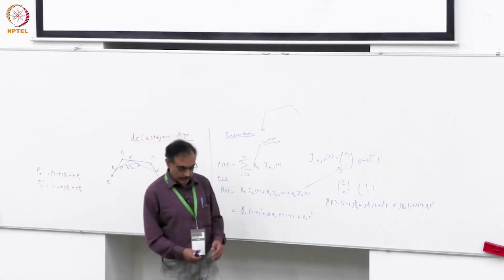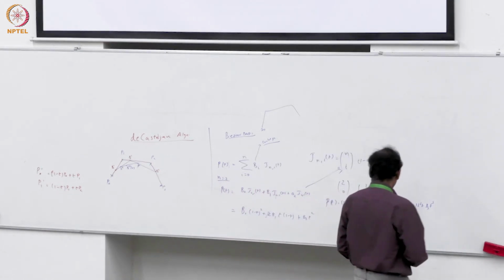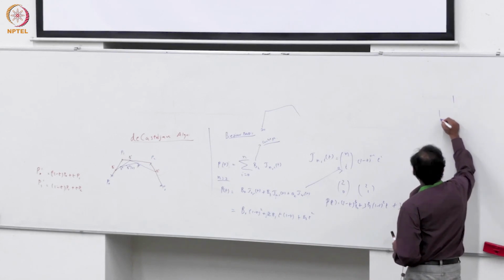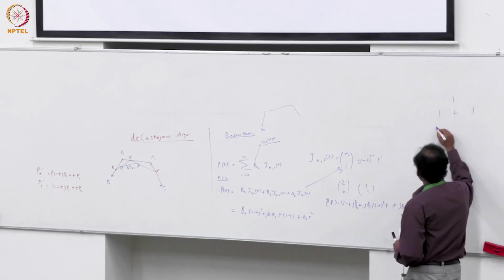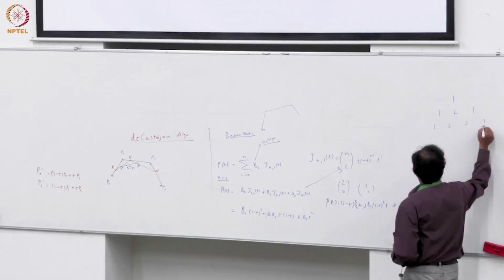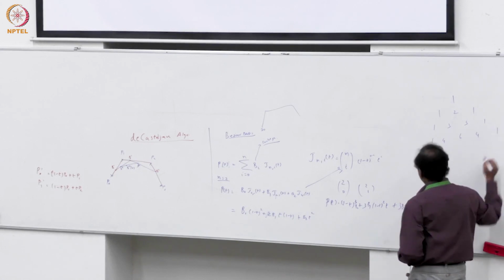So, you can see that these coefficients, leaving out the b term, that 2 or 3, where it is coming from? You have 1, then which 1, then what is this called? Pascal triangle.